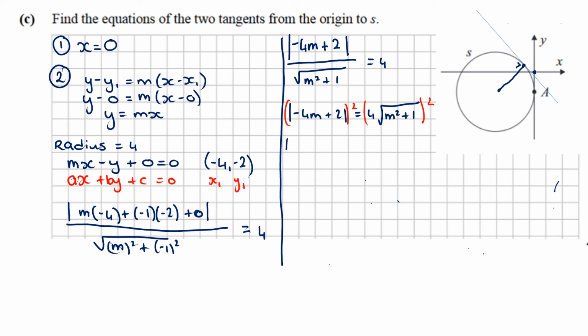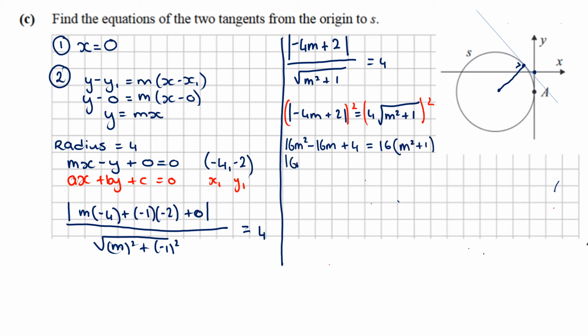So we get 16m squared minus 16m plus 4 equals 16, and here the square root and the square cancel, so that's m squared plus 1.